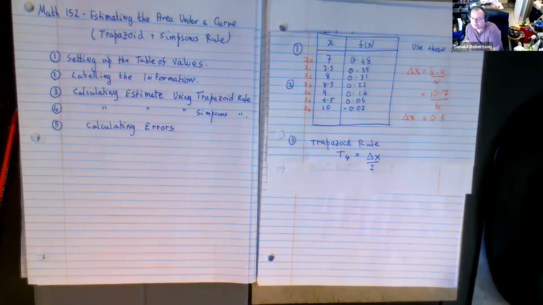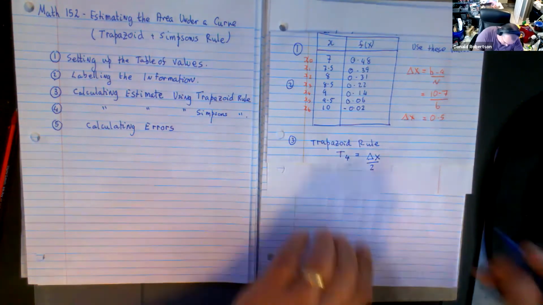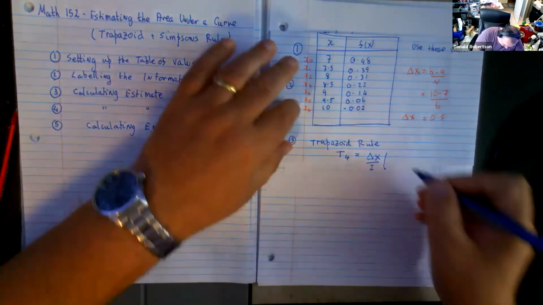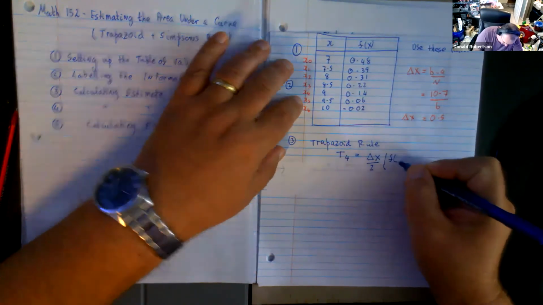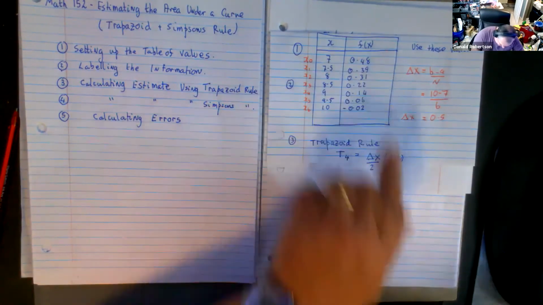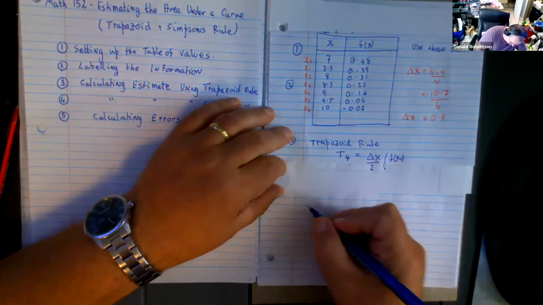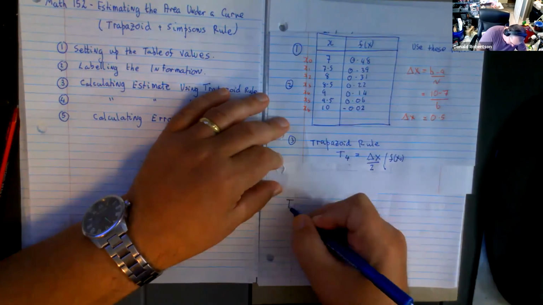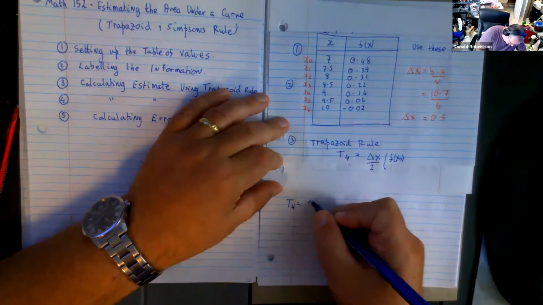Divided by 2. And then the value of the function at x0, which is this fella. I apologize, I'm going to rewrite it over here because I need more room.